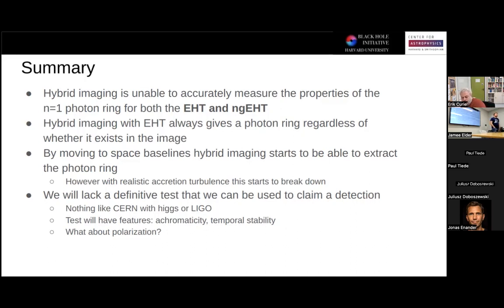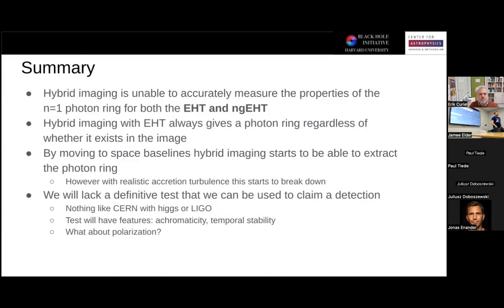That's a comment. Previously you were showing earlier on that you scaled down the ring of the n equal to 1 and you were trying to see, and there was a test. If you had non-curved GRMHD models, would you then be able to make statements without scaling things down and saying that I'm getting the n equal to 1 ring right?